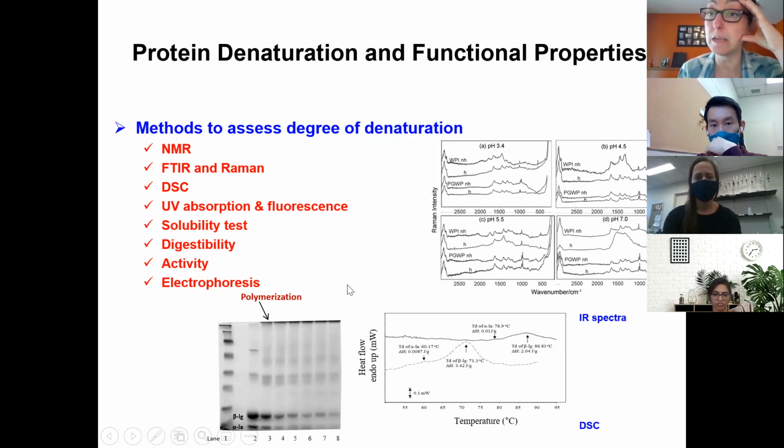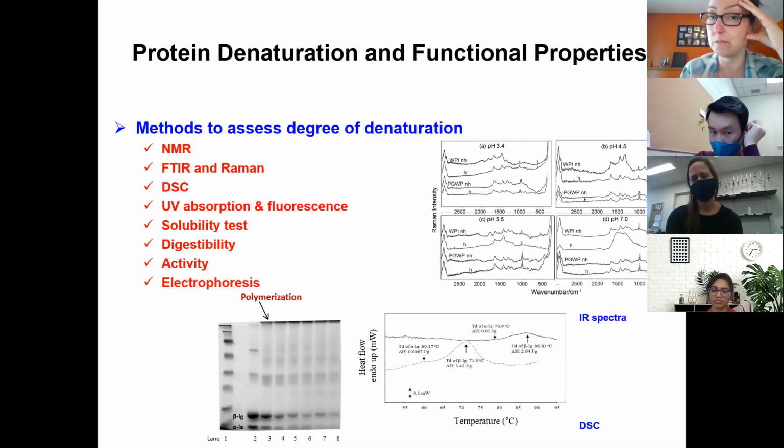That's with increased heating. So with increased heating, the protein is denatured, but we're also enhancing formation of polymers, especially through disulfide linkages.